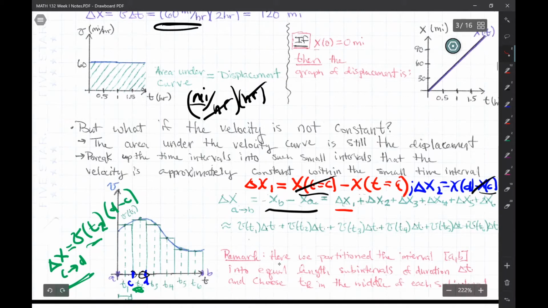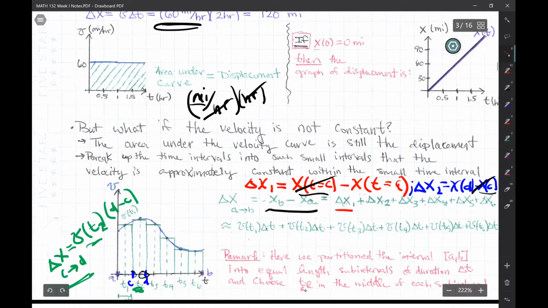I just want to make a remark here that we partitioned the interval a, b into equal lengths. We didn't have to do that. One may argue, well, the velocity is approximately constant throughout this whole thing, so just use an interval that long for that one. That's perfectly valid. But we're choosing to partition into equal lengths.